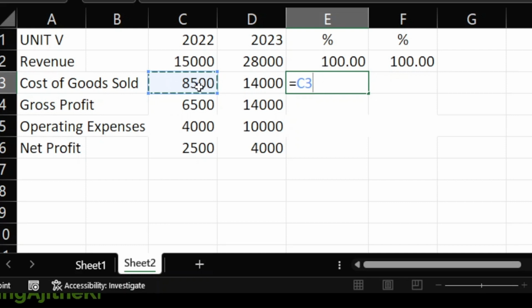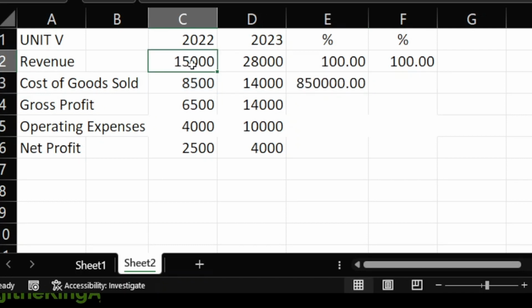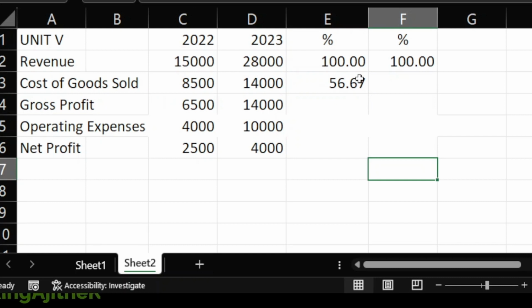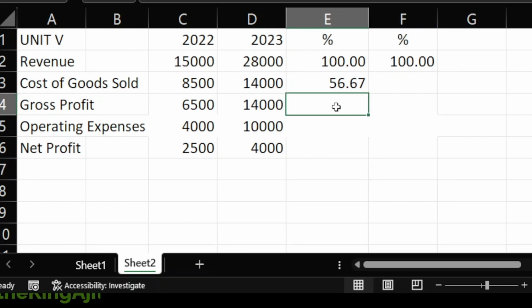into 100 by total revenue. By total revenue, that is 15,000. Thereby 56.67 is this one.